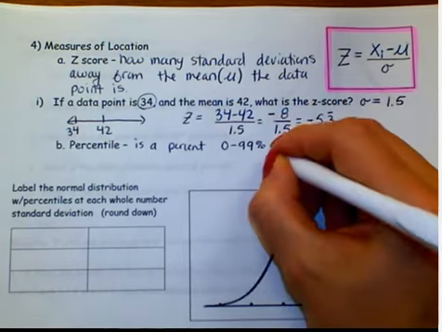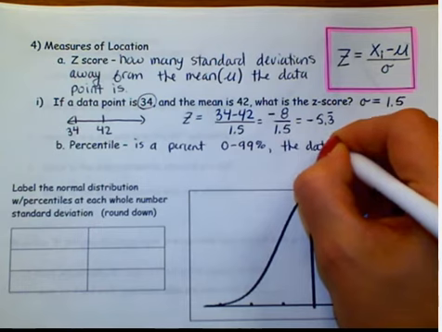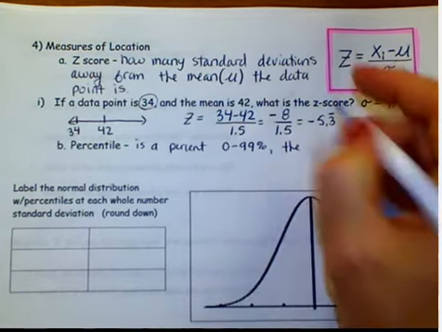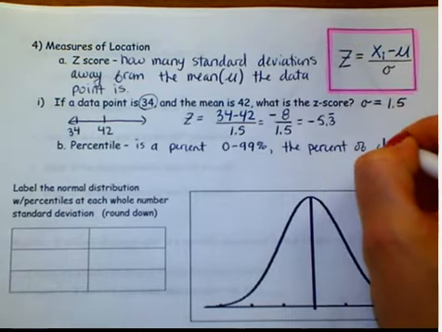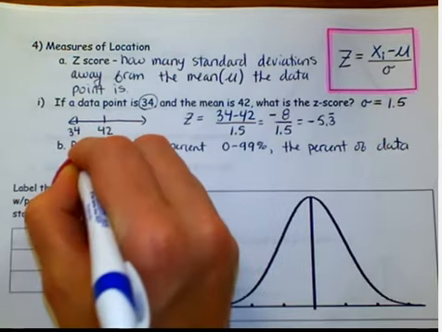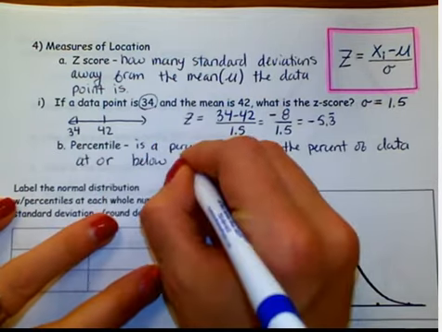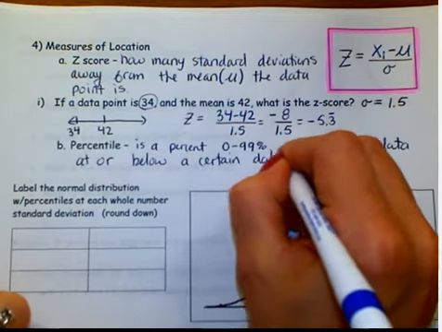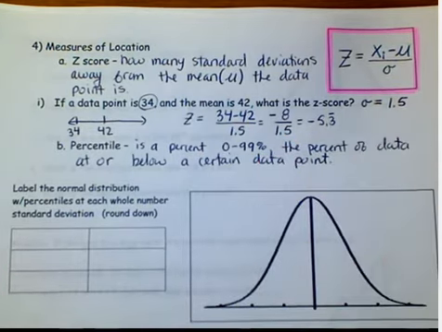Okay, and this represents the percent of data at or below a certain data point.